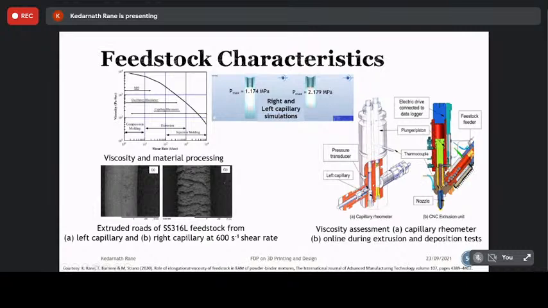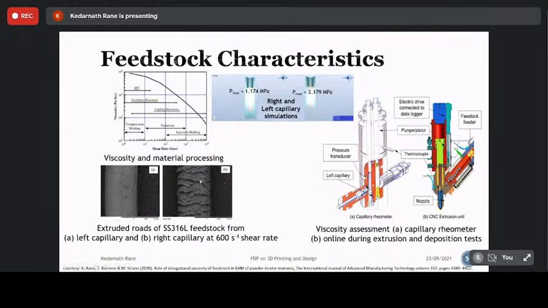We used the same system to measure the pressure and approximate the melt condition during the 3D printing itself. You can see that different print settings, melt settings and nozzle settings give you different characteristics of extruded rods.